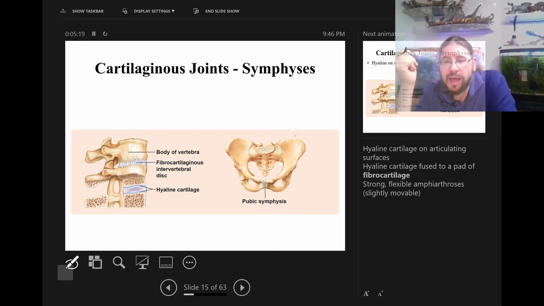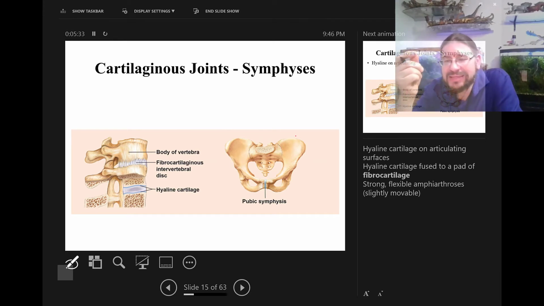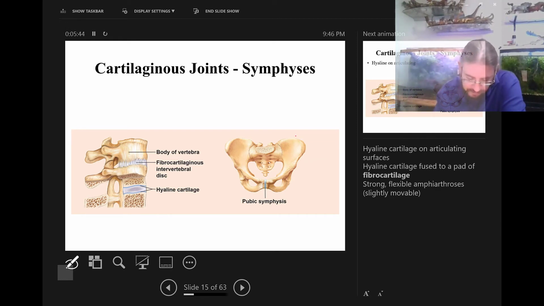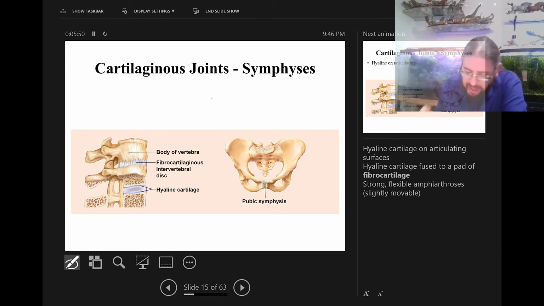So these are slightly movable, right? So they tend to be ever so slightly movable. And what they are is bone sealed to hyaline cartilage, sealed to fibrocartilage, sealed to hyaline cartilage, sealed to bone. So when you look at the intervertebral discs, right? So here's a vertebra, here's a vertebra.